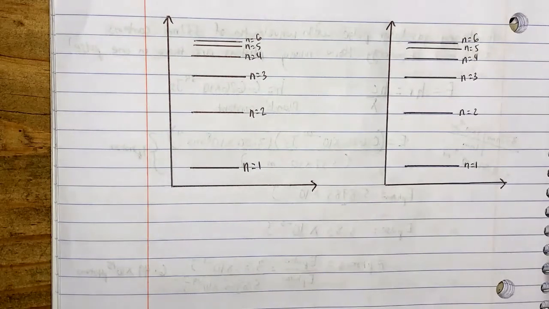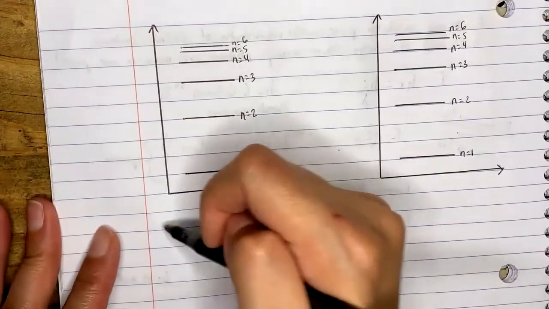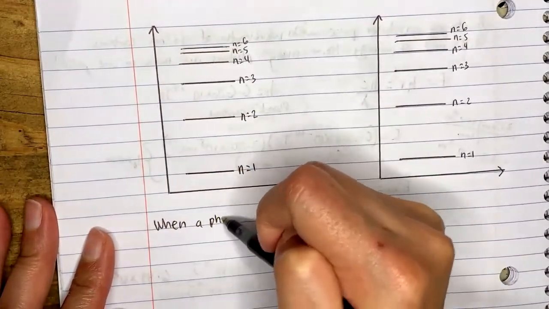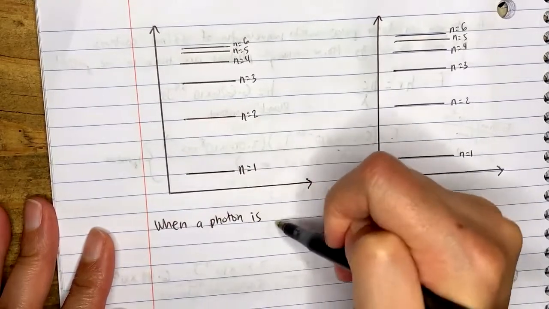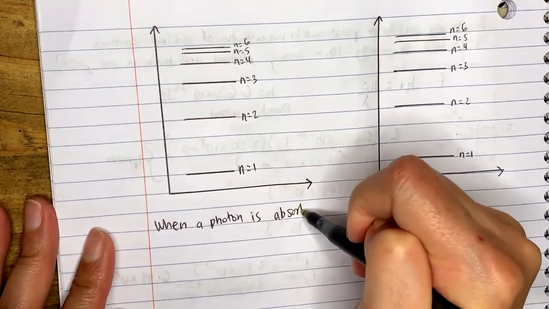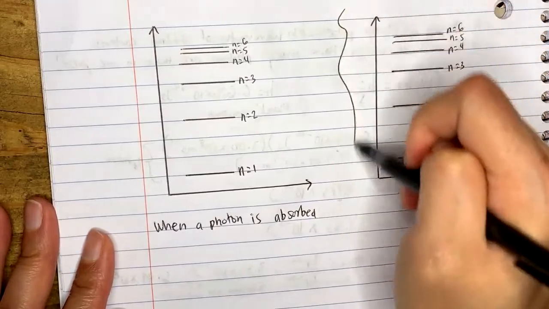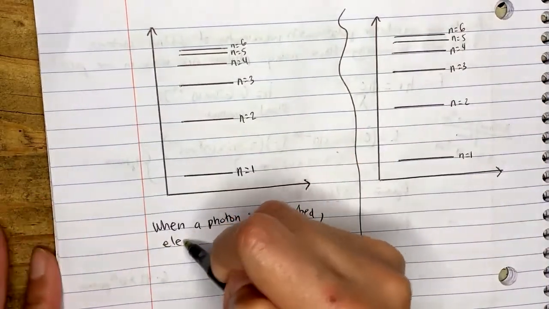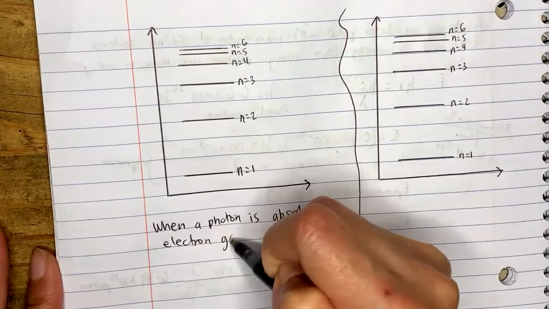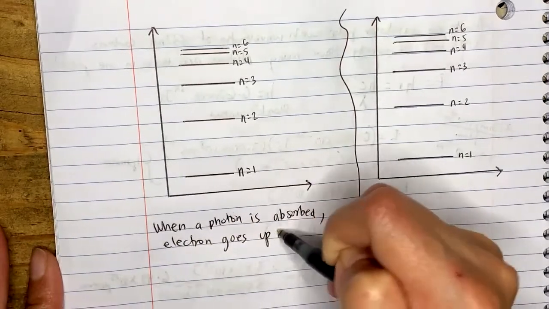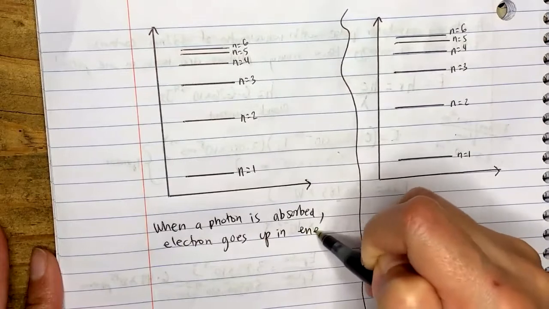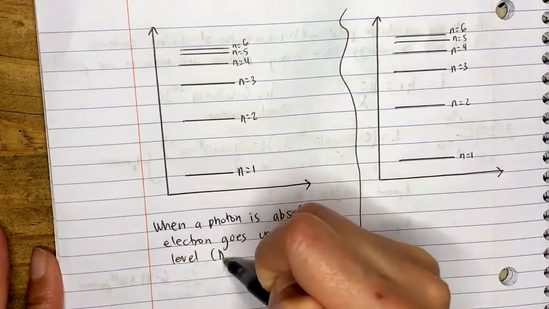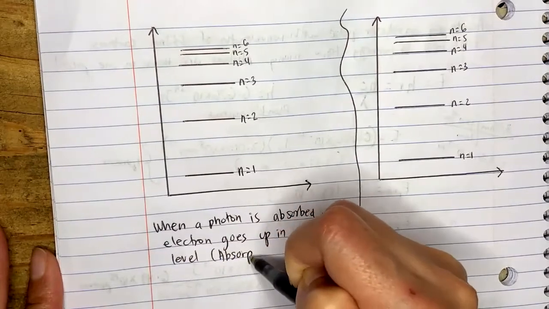When a photon is absorbed, the electron goes up in energy level. We call this absorption.